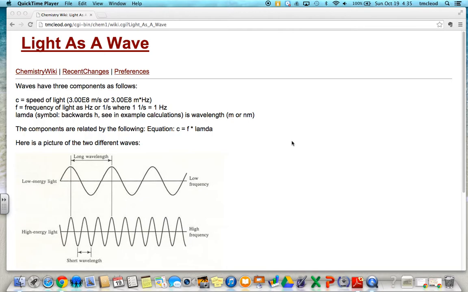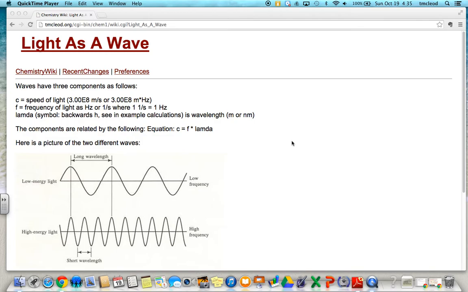So, with light as a wave, I showed you in this picture a couple of waves. Waves have certain characteristics that you supposedly already know. One is speed. We'll use just the speed of light. I give it to you in basically two unit sets.